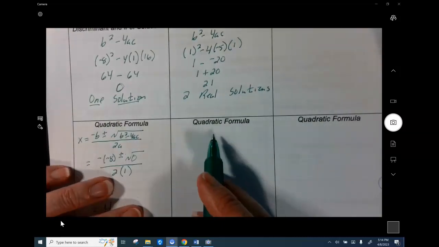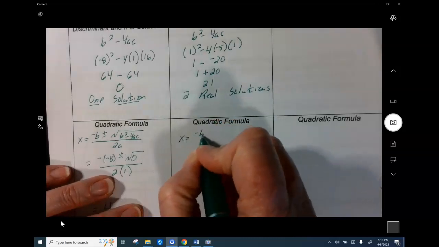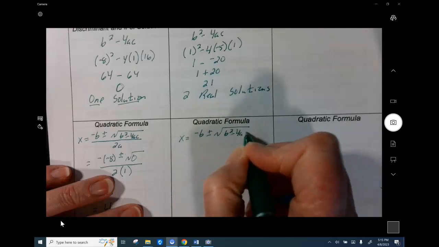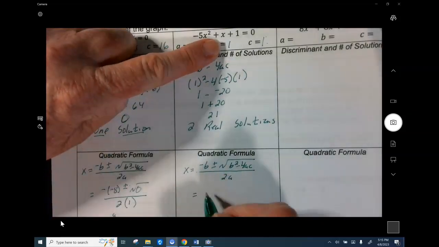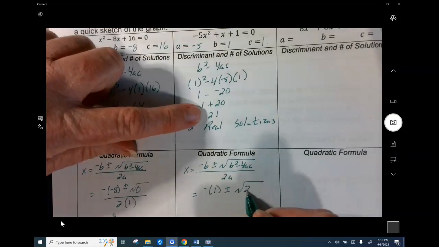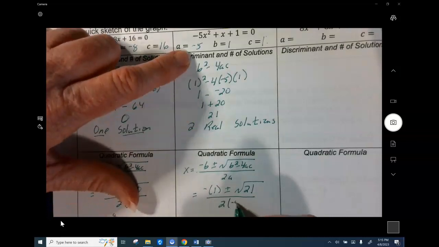So now we're going to plug it into the quadratic formula and sing it to yourself. X equals negative b plus or minus the square root of b squared minus 4ac all over 2a. So now we're going to plug in negative b. So b is 1, so I have negative 1 plus or minus the square root of 21 all over 2 times a, which is negative 5.